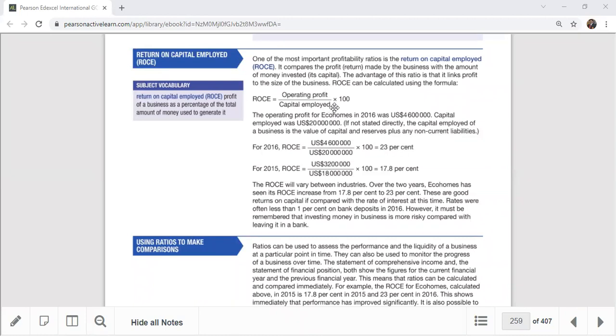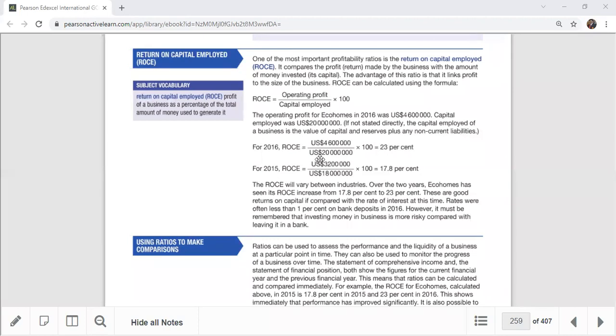It means equity plus non-current liabilities, debt plus equity. So capital employed means not only equity capital, debt capital is also taken. Don't take the current liabilities, but take the non-current liabilities such as long-term bank loans, mortgage loans and debentures.